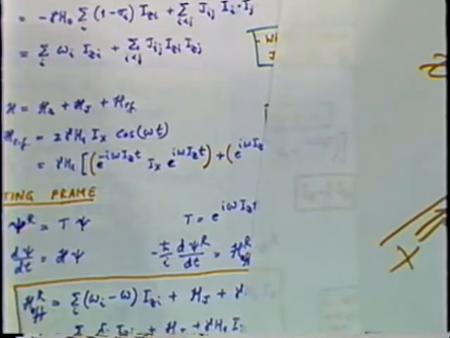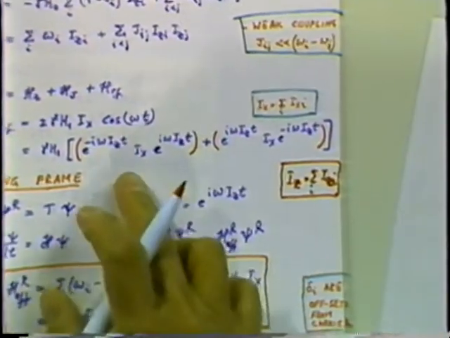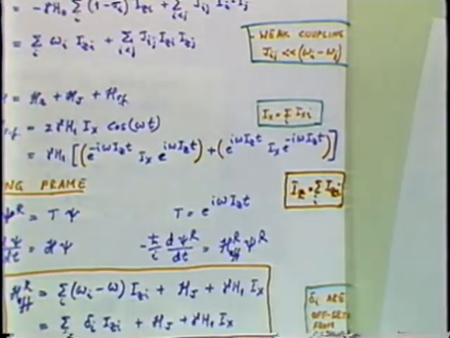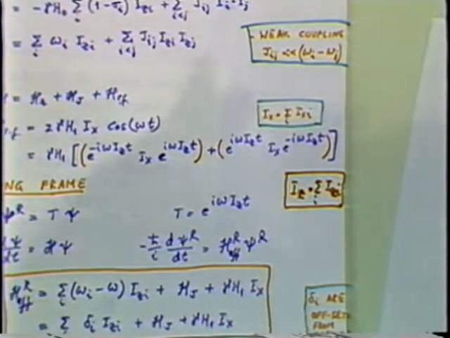Usually it's an oscillating term, and we divide it into two counter-rotating parts. One of the rotating parts is near the Larmor frequency, and that is the useful one. The other part, which is counter-rotating, we throw away in the NMR experiment.